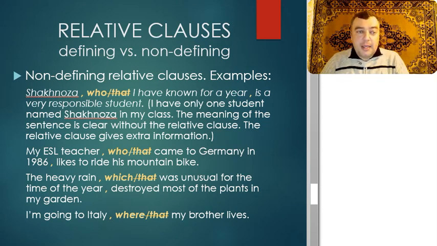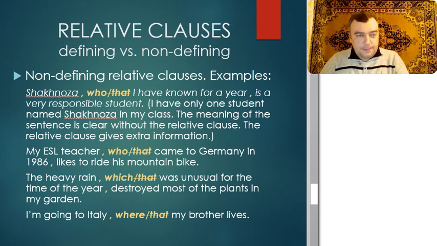One more example: my ESL teacher, who came to Germany in 1986, likes to ride his mountain bike. So that is impossible. It's a non-defining relative clause. Commas before who and after 1986 show this. And who refers to the person. So only who is the possible relative pronoun here.